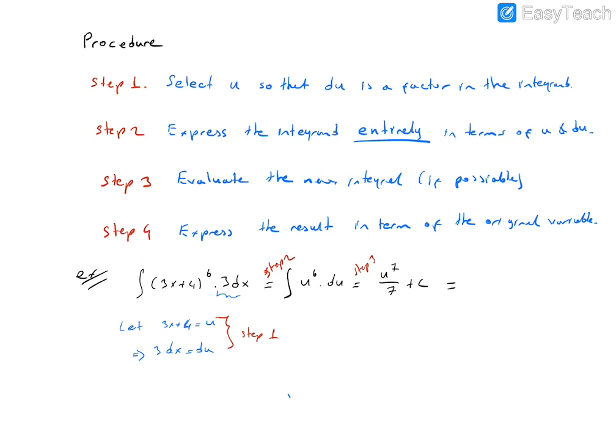Express the result in terms of the original variable. So this is step 4. And the result: u is 3x plus 4, so (3x plus 4) to the power 7 over 7 plus constant term c.